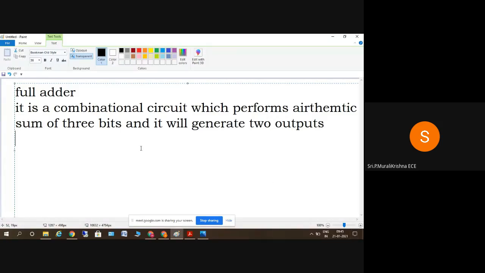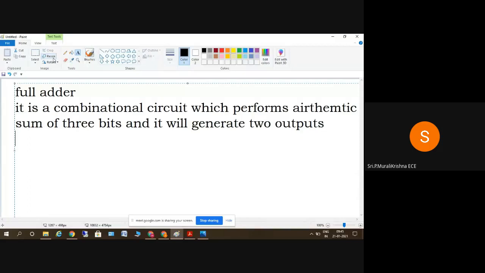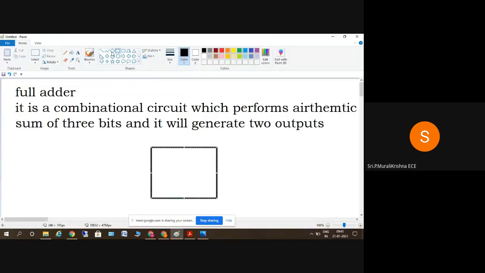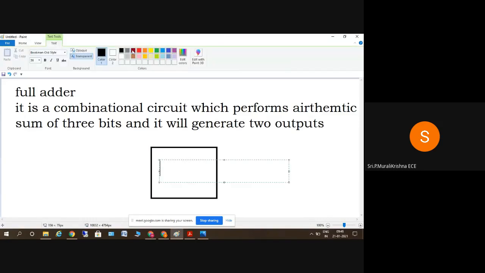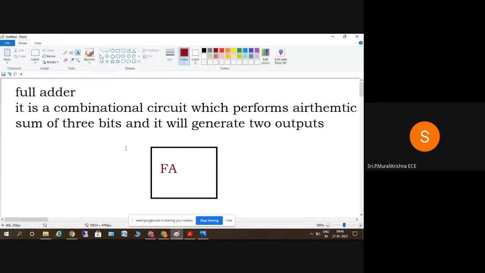The block diagram will be like this. So full adder, three inputs.